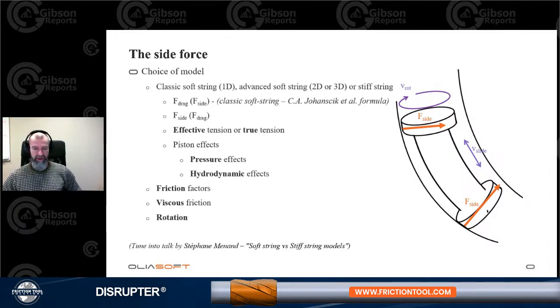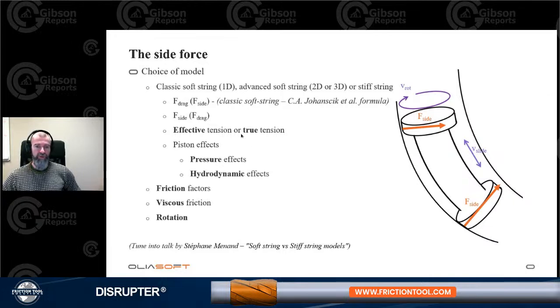The one at the bottom here would belong to the next drill pipe below it. But so the effective tension would basically look at all the forces on this and then calculate the sum of all those forces, keeping in mind that these forces are vector forces, and then the resulting sum would be the tension that you apply to the drill string.